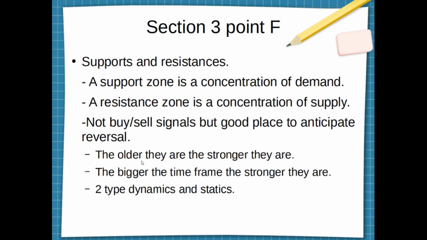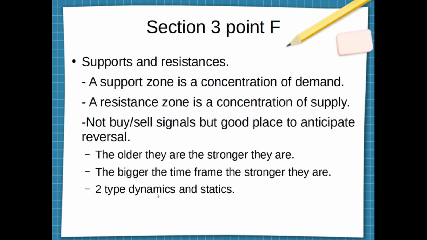The only thing you need to know is that the older they are, the stronger they are. The market has memory. It remembers some very specific zones, and it really depends on what kind of trend we are in. They might be considered as support and/or resistance. Now, the bigger the time frame, the stronger they are, and there are two types of support and resistance.